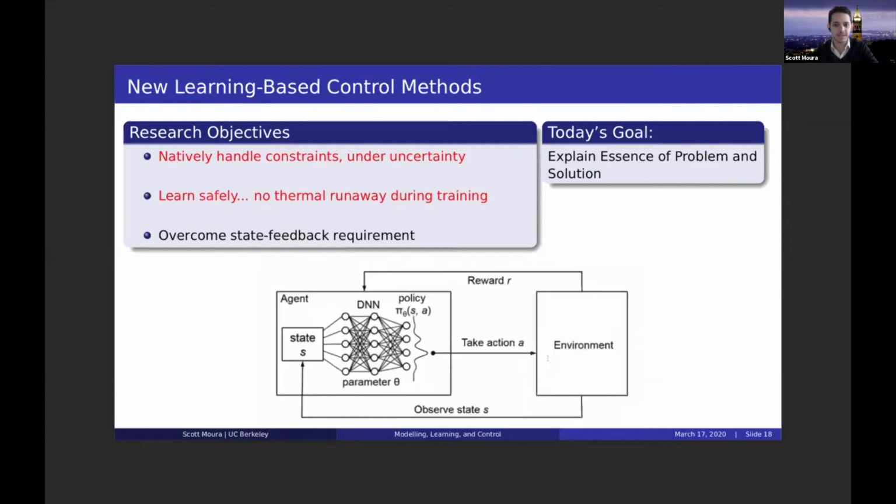The environment in this case is the battery, and then the state is the internal electrochemical states that we measure or infer, and then this agent is the controller. Now, importantly, the feedback that we get is not only the state, but a reward that indicates how well we are doing in terms of fast charging this battery. And then given that data, we will then take some sort of action.